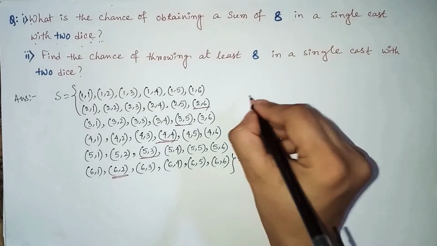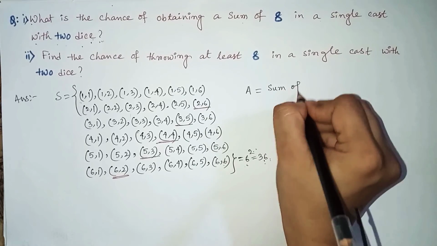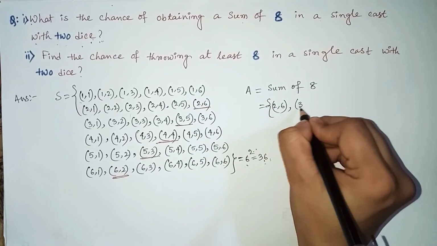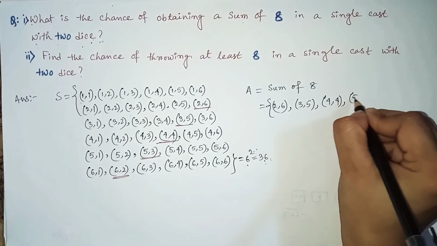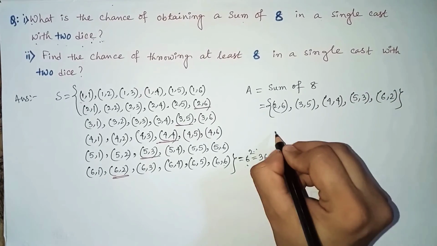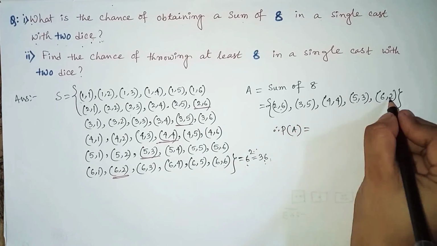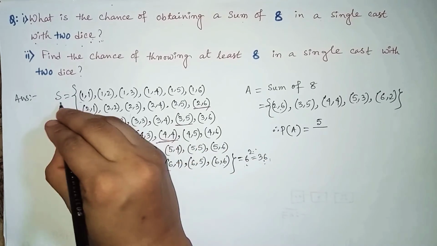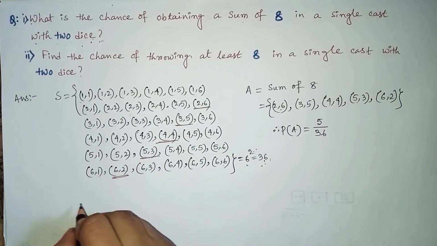So the event A equals sum of 8 equals 2 6, 3 5, 4 4, 5 3 and 6 2. Therefore the probability of A is, counting 1 2 3 4 5, event points of A is 5, divided by the total of 36. So 5 by 36 is the answer.